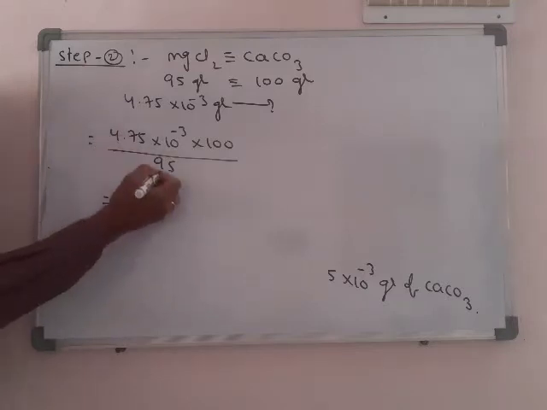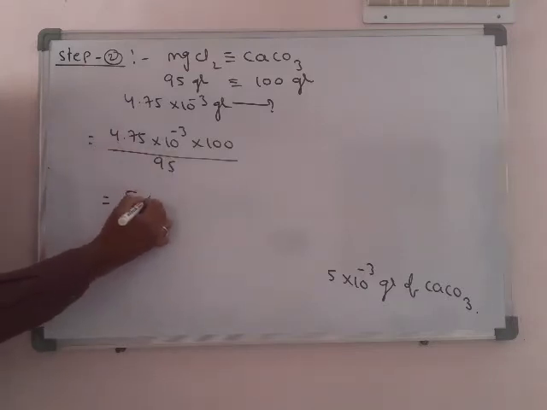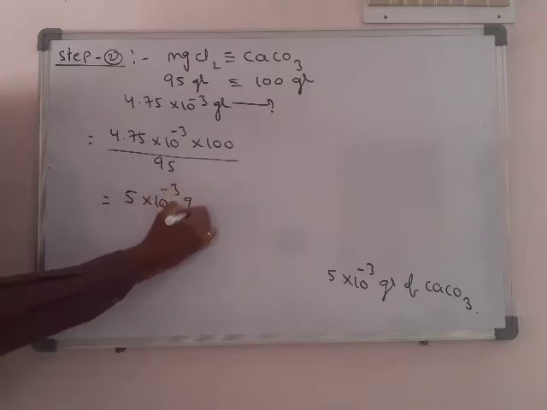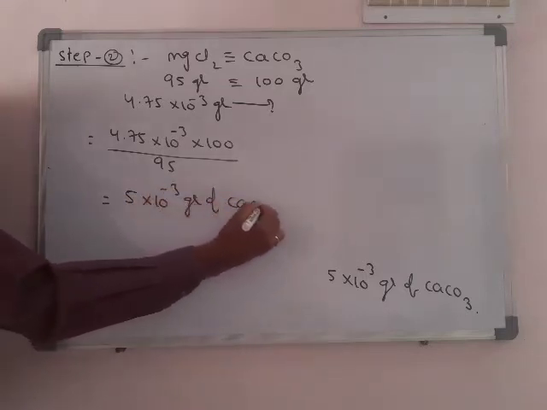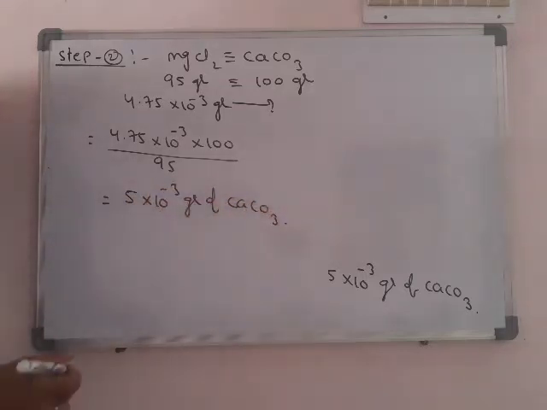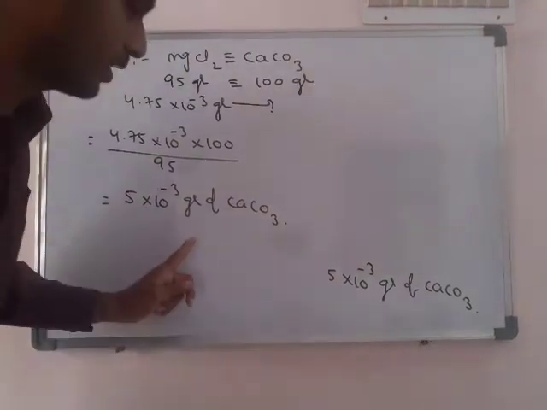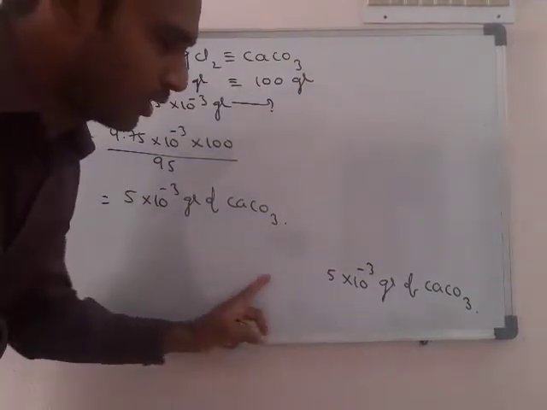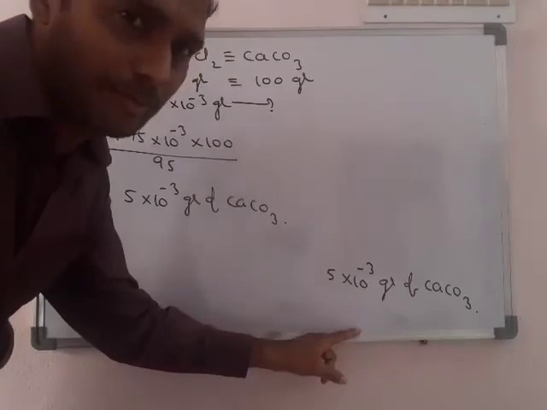Okay, 5. So exactly we will get same 5 into 10⁻³ grams of calcium carbonate. So it is also present in the same 1 liter sample of water.